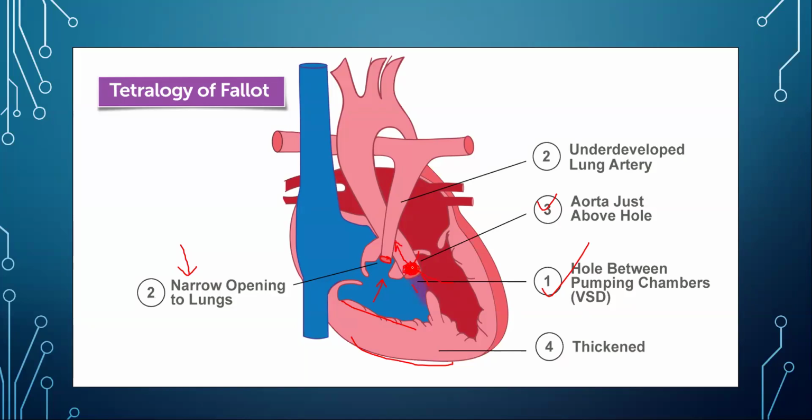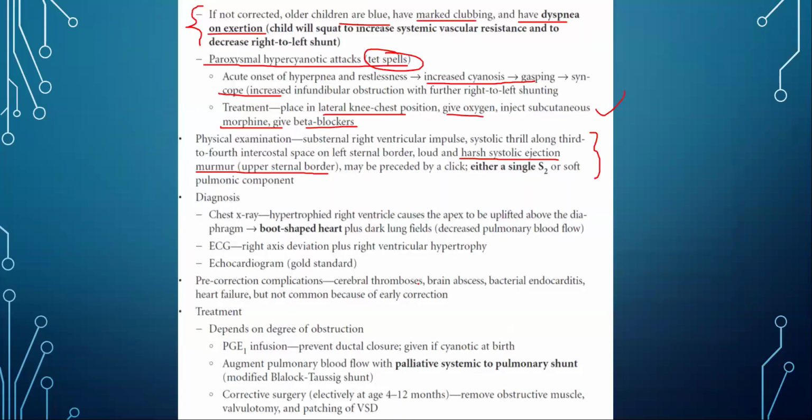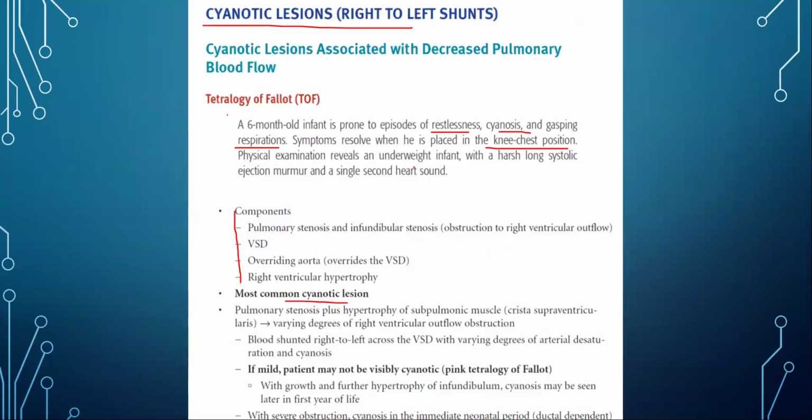You're just increasing pressure over here by doing the knee chest position. Because through this VSD, cyanotic blood can easily go into the aorta. So if you increase the pressure over here, blood will not flow very fast, and that way you decrease the flow of cyanotic blood. That's the idea of the knee chest position.